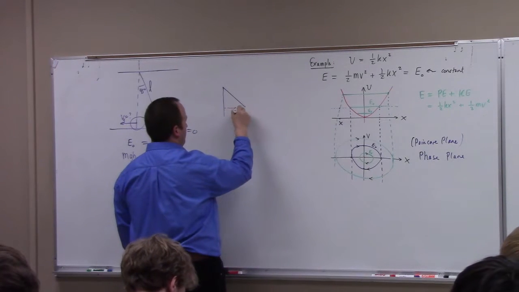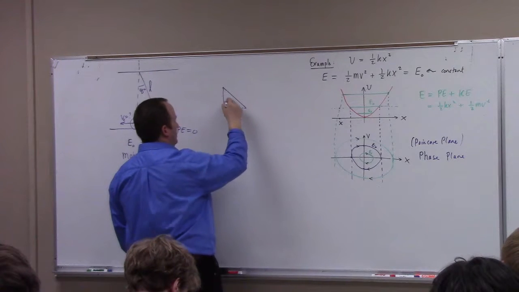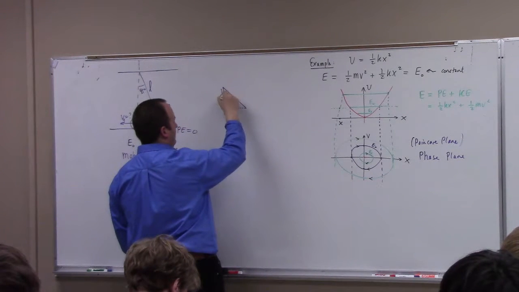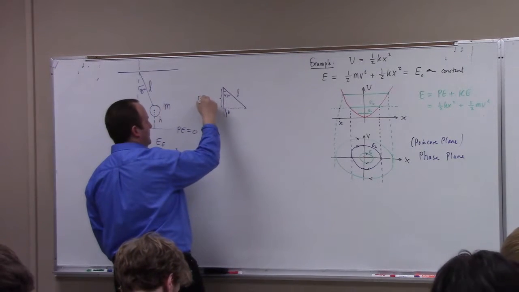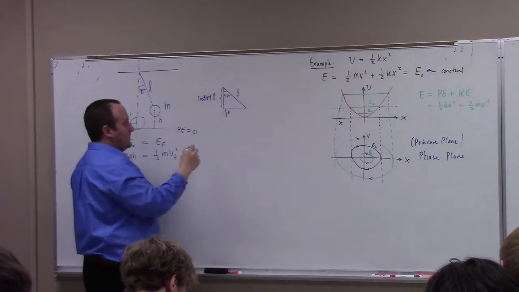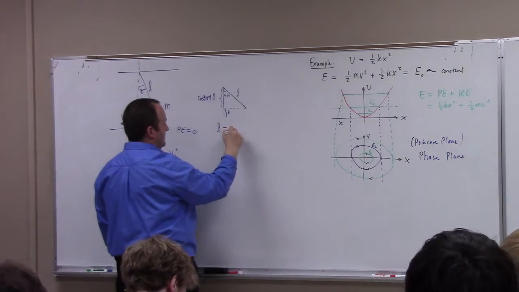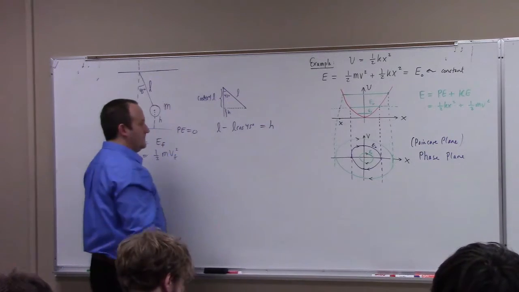Right, so this distance here is h. This is what? That's cosine of 45 times L, right? So if you take L minus L times cosine of 45 degrees, that gives you h.